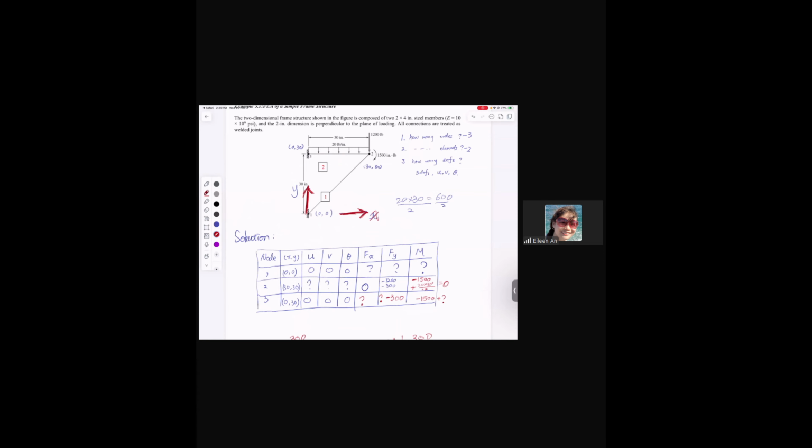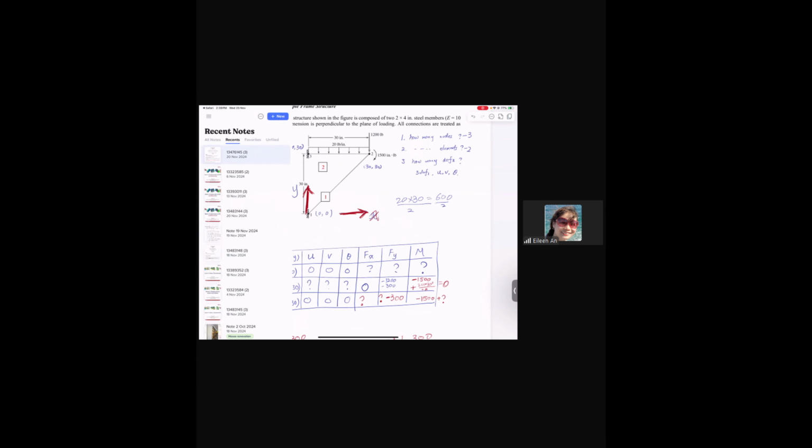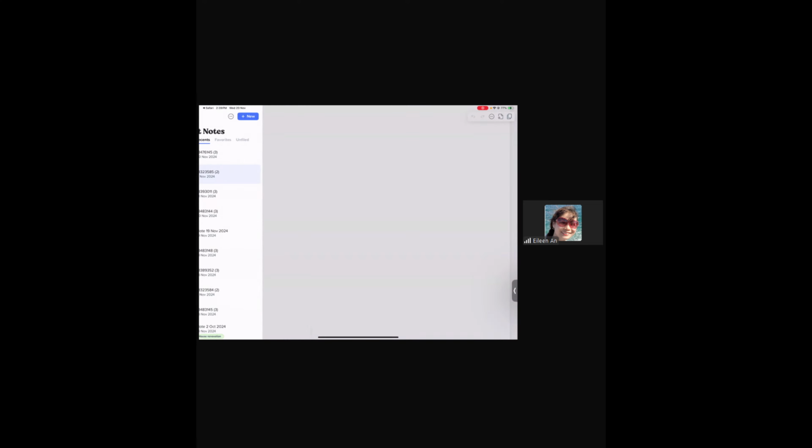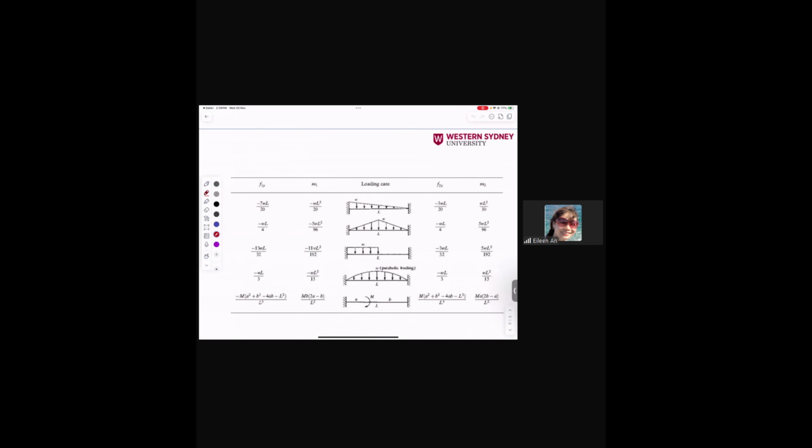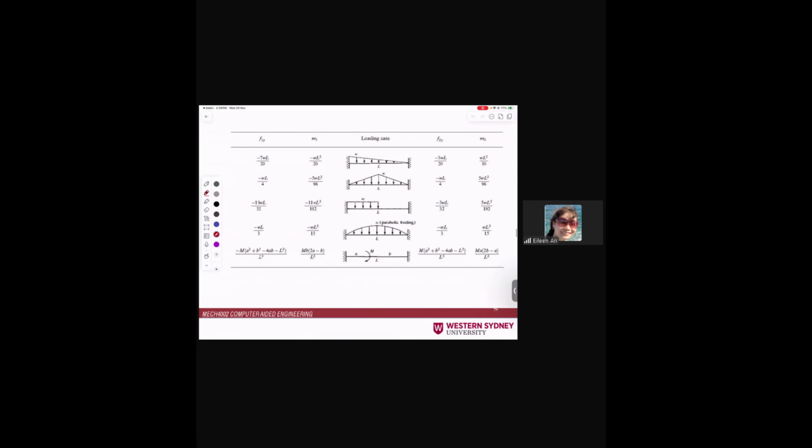But if you have another load applied, for example, a triangle load or just a moment or something else, then you have to use different equations to calculate the equivalent.